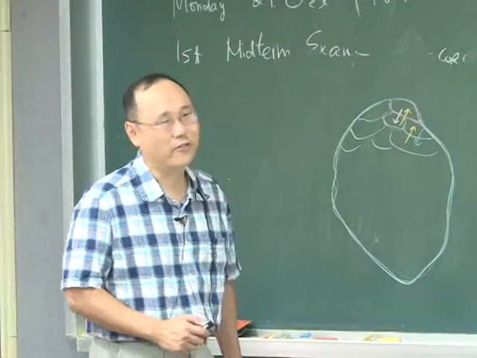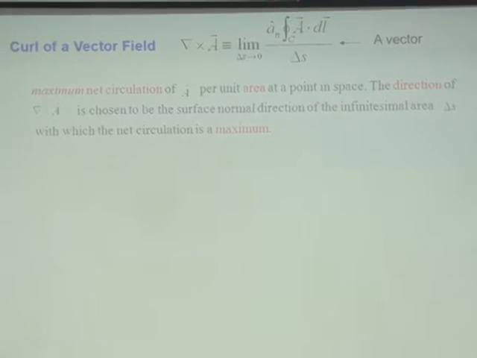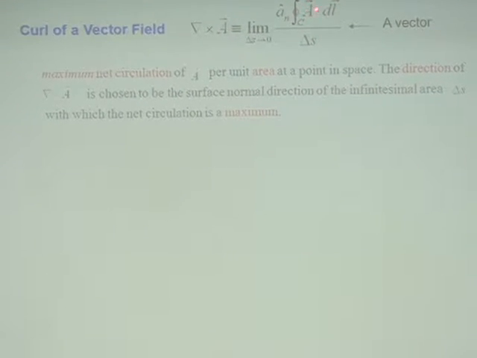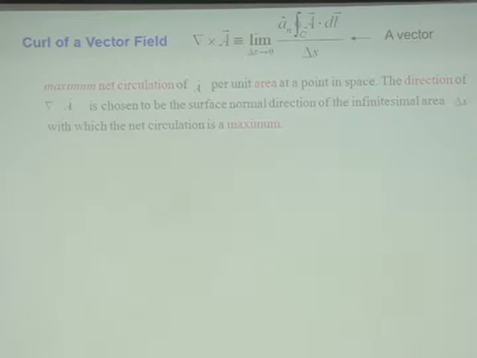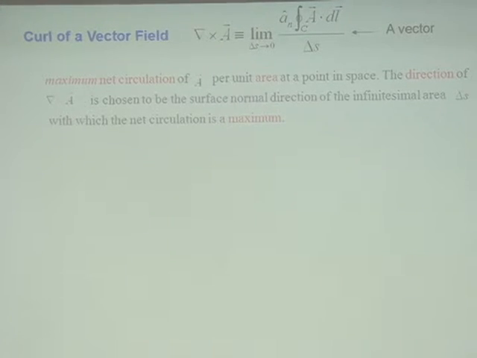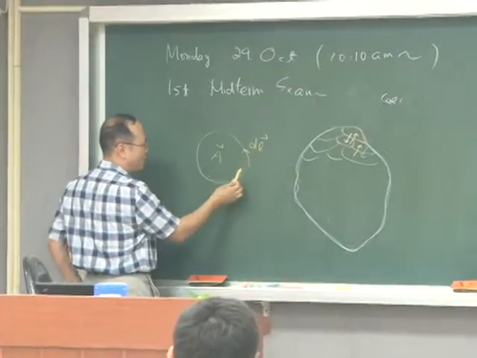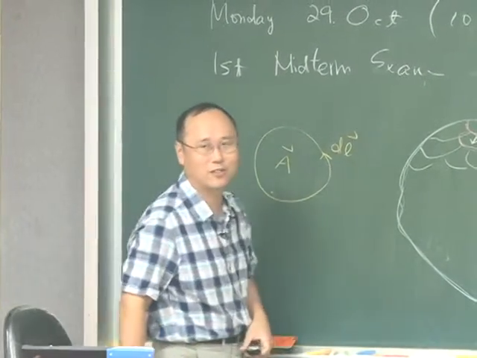Okay, the curl of a vector field is defined to be this expression. When you look at this expression, you sort of feel that this is a calculation of the circulation, right? Because this is a cross-path integration of some vector A along some path, and then you allow this path to shrink to a point in space.